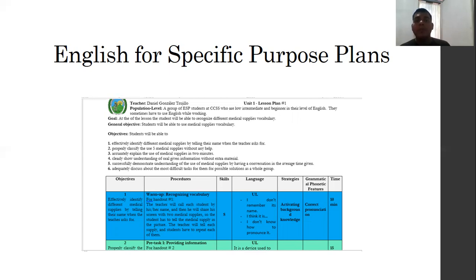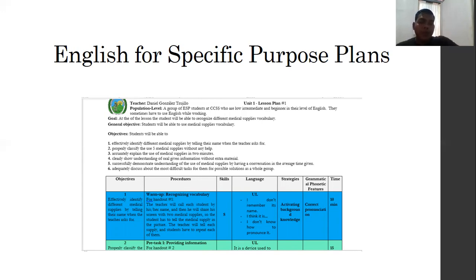The unit was about medical supplies, so I want them to learn this subject. Then we have the general objective: students will be able to use medical supplies vocabulary in their context at the end of the unit.